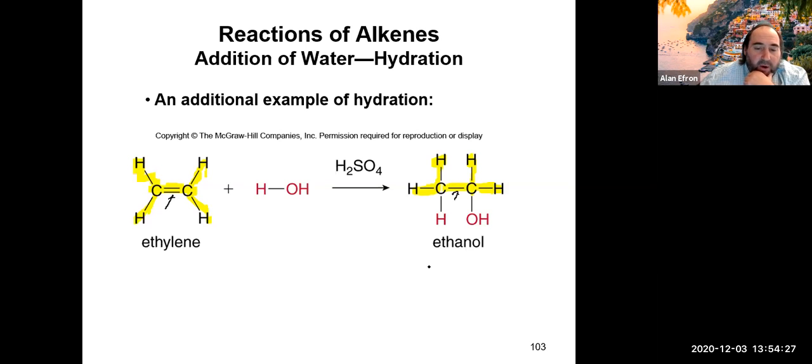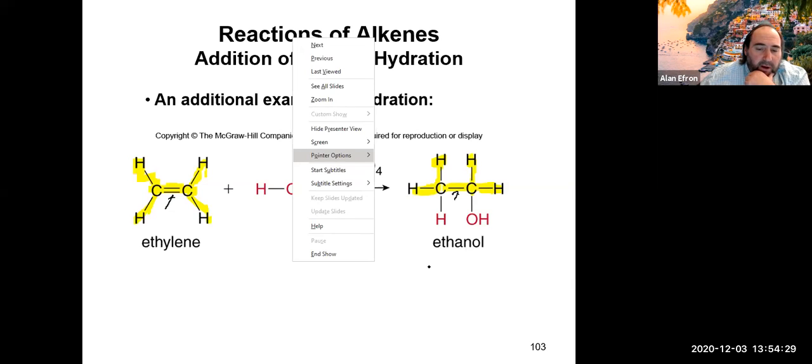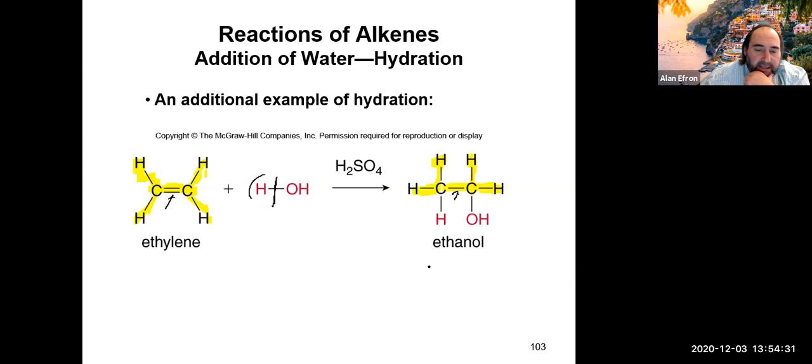That's going to allow room for our water to add, and water will add as H and OH. So H over here, OH over here. We go from ethene to ethanol, which is an alcohol, OL, because of the OH group. And this is a hydration reaction in this particular case. Any questions on that?